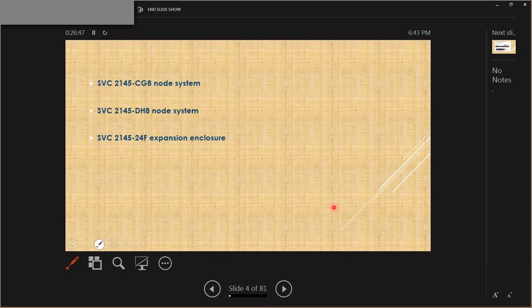The older CG8 model does not have internal storage to present to the host, but the new DH8 can. That's the reason we have an expansion enclosure. The expansion enclosure doesn't handle I/O operations directly; it's an expansion to the existing nodes. So apart from external storage, we also have internal storage in the case of a DH8, and we can provide space from that as well.